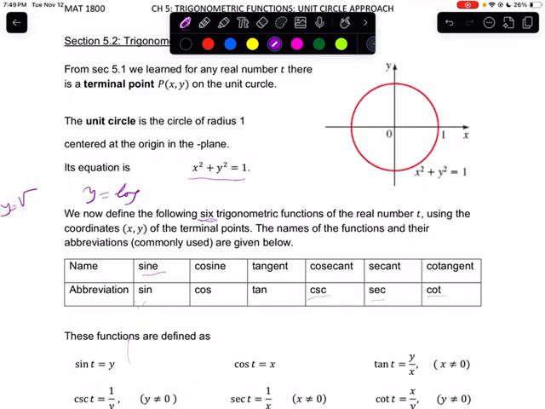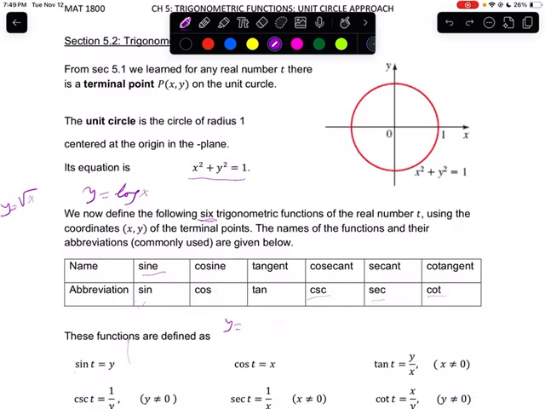We have to have an x there. In the same way, if I write y equals sin, that means nothing. So we need a t or something over here. But we are not using x and y inside the sine, because we are using them for the x and y coordinates of the terminal points.